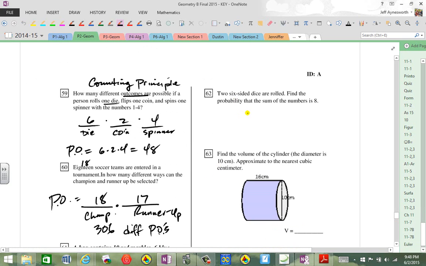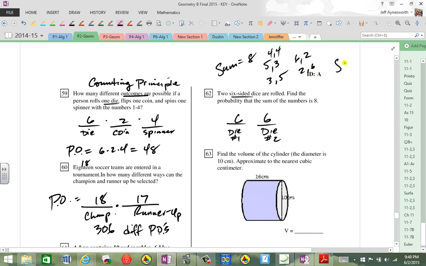Okay, 2 6-sided dice are rolled. So one die number 1 here, and die number 2 right here. Each has 6 possibilities because it says 6-sided. Find the probability that the sum is 8. Now, if you want the sum equal to 8, there's only a few ways you can make that happen. You can make the obvious choice of 4 and 4, or 5 and 3, 3 and 5, 6 and 2, 2 and 6.